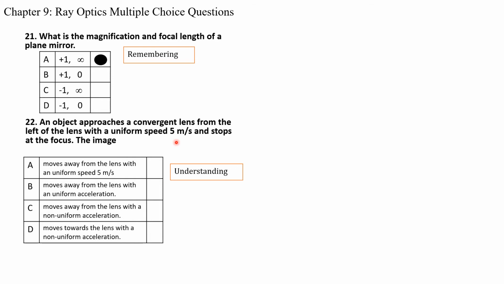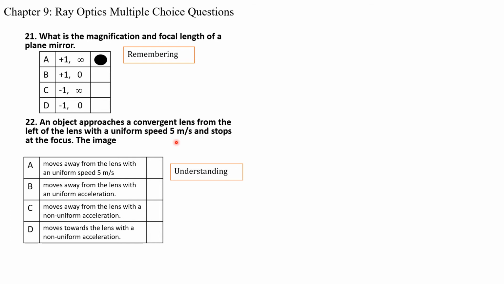Option A is the image moves away from the lens with a uniform speed of 5 meters per second. Option B is moves away from the lens with a uniform acceleration. Option C is the image moves away from the lens with a non-uniform acceleration. And the final option, option D, is the image moves towards the lens with a non-uniform acceleration.